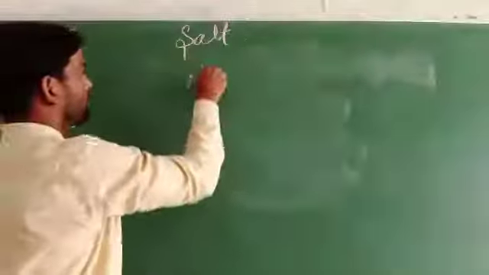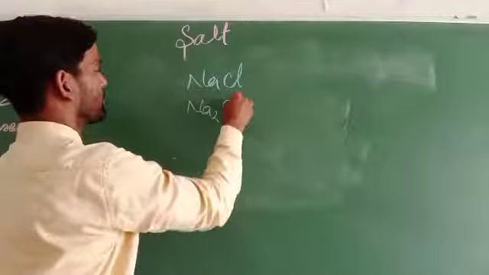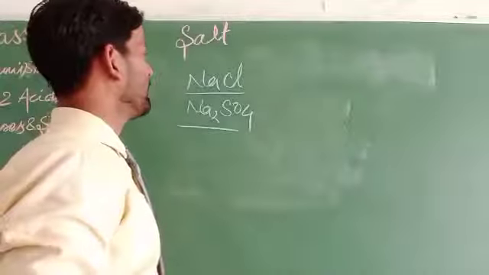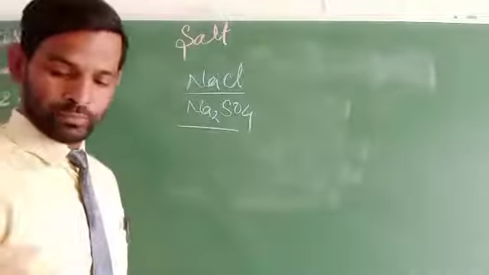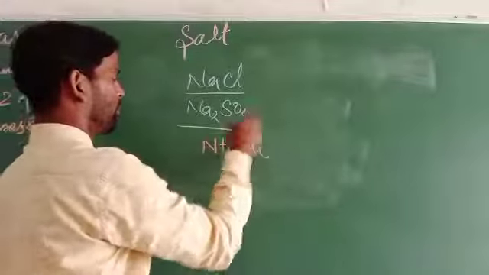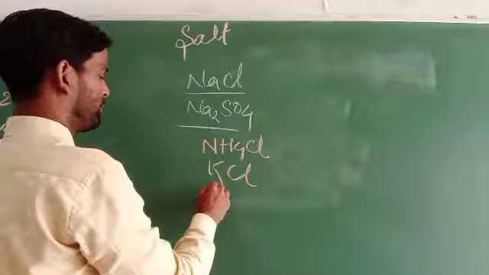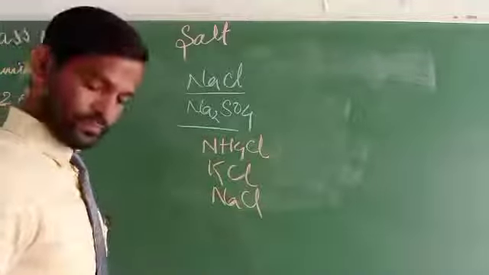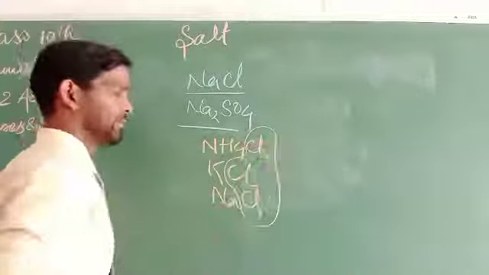Like sodium chloride, sodium sulfate. In these two salts there is a sodium family involved. In case of ammonium chloride, potassium chloride, sodium chloride, there is a common family known as the chloride family.